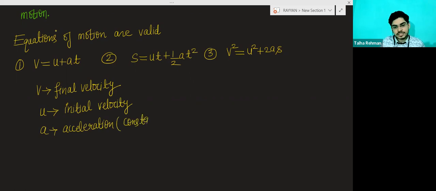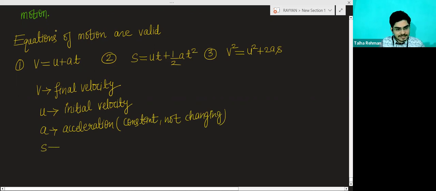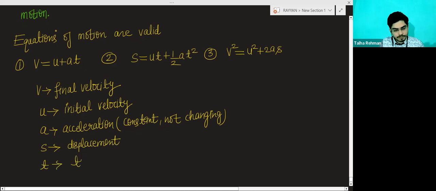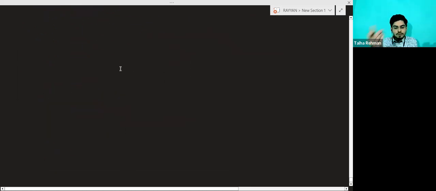Constant means not changing with time or distance. s is the displacement, and t is the time. Now we can apply the equations of motion when the body is performing the motion under gravity. So now we will use these equations of motion to solve some problems.